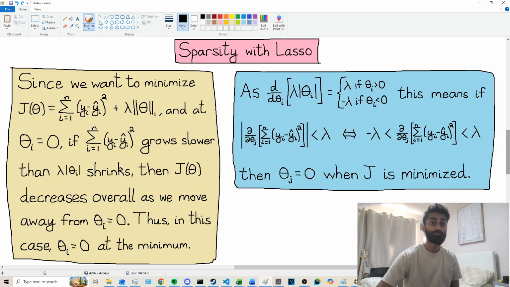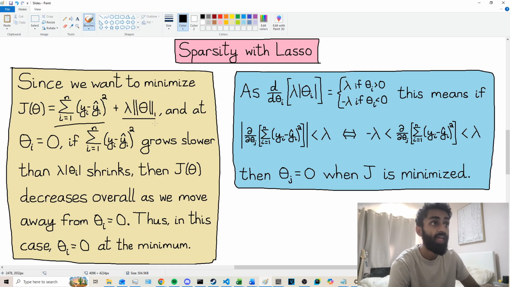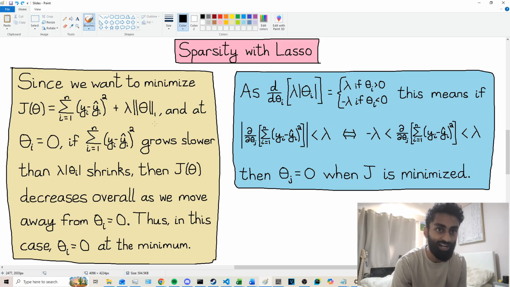So now that sparsity point that I made earlier, I'll be explaining that in a bit more detail. So we want to minimize J of theta, and J of theta looks like this. So in the case of sum of the squared errors, you have this first term here, and then the second term here. But at theta_i equals 0, if this term grows slower than this term in every direction, that inherently implies that we're at a minimum, because otherwise, if it decreased in a certain direction, the cost function has gotten smaller and we weren't at the minimum, because it's getting smaller when you move away from your point.